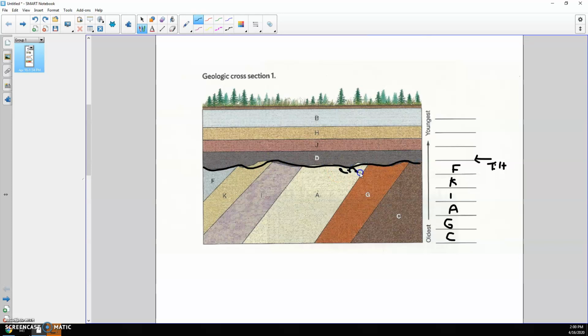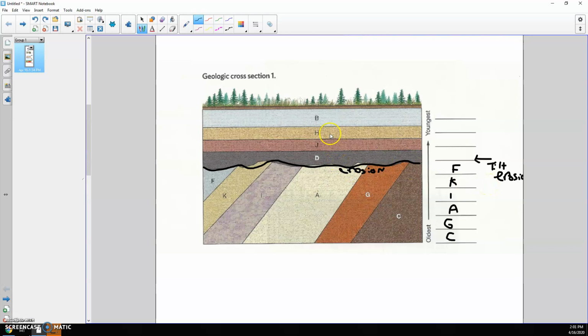You don't see any of those rock layers, C, G, A, I, K, and F, above that squiggly line because they were all washed away by water and blown away by wind. So after the tilting, there was erosion. Oh well, you get the idea.